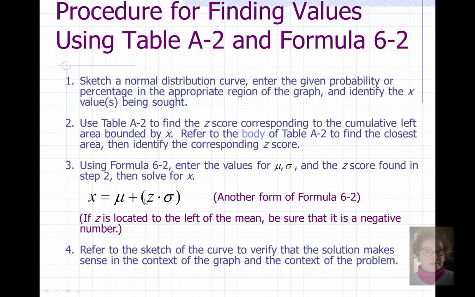So if you take your standard score times the standard deviation and add it to the mean, you will get your raw score, the score that fits in the original distribution. And again, if you have a sketch, that helps you verify that your solution makes sense.